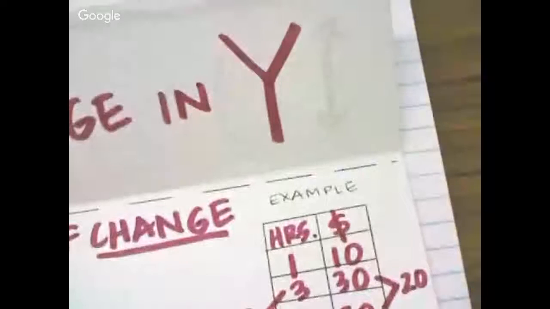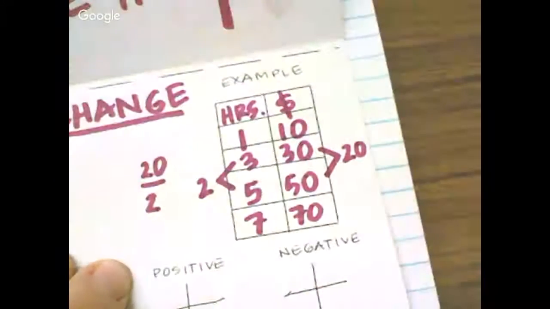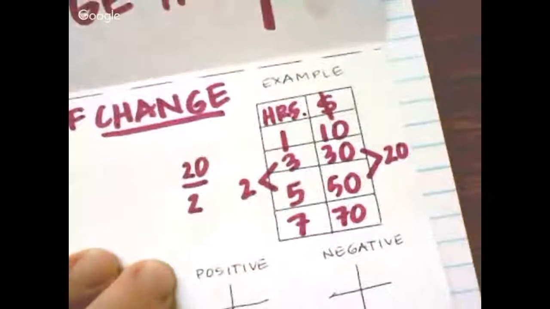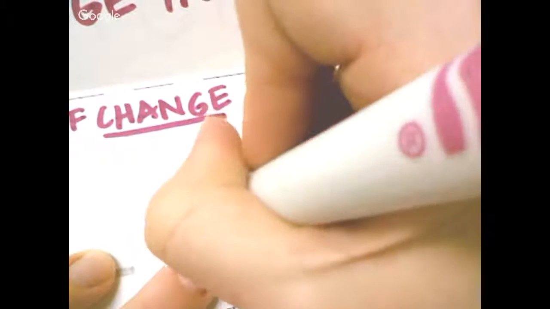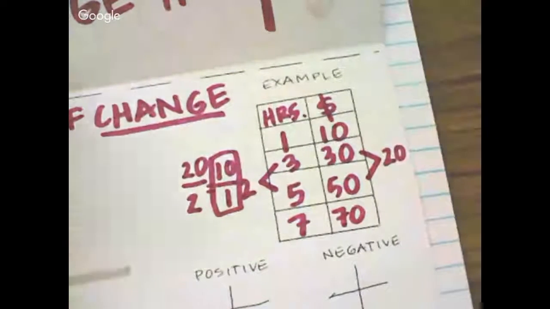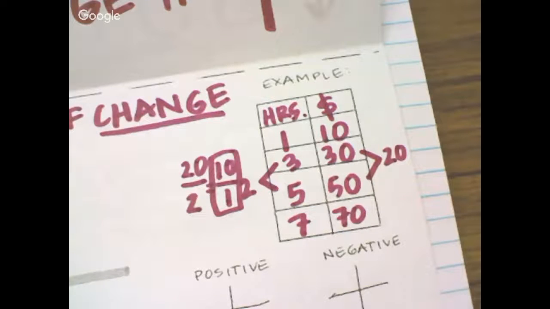So I'm talking about change in y over a change in x, or a 10 over 1 change. 10 over 1 would be my slope.